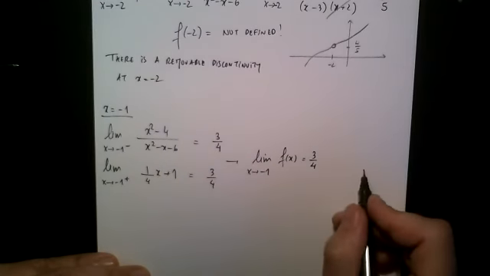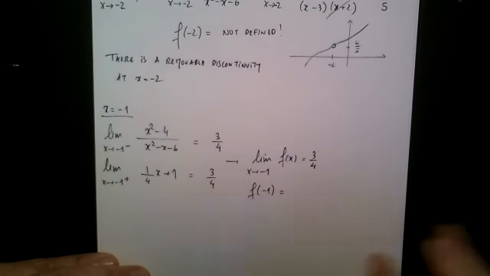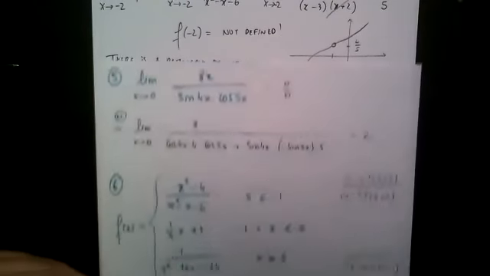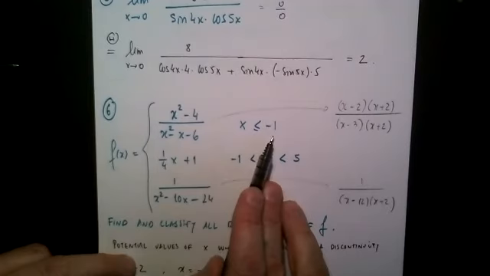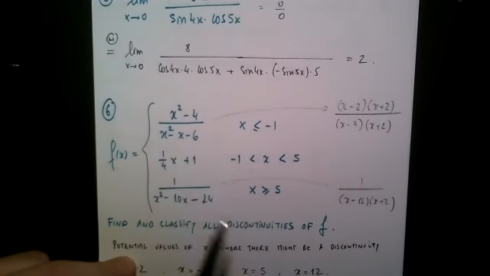And now I need to check f of -1. Okay, so f of -1, I'm just going to go back here. When x is -1, this is the function in effect. So I need to plug in -1 into here.